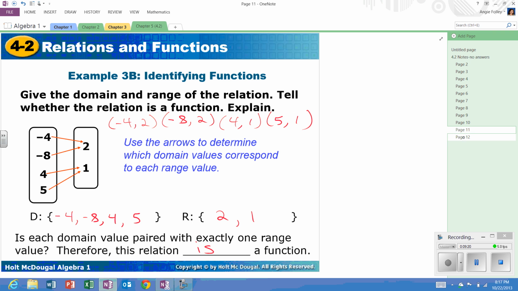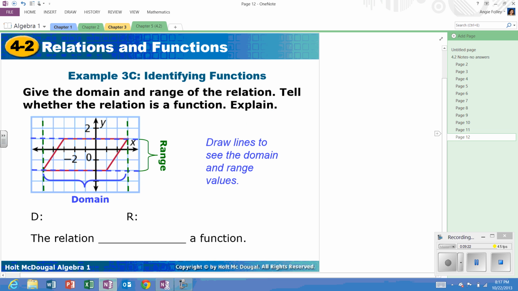All right, now let's look if we can find the domain and range from the graph. Okay, so we're given a graph, okay? And we've got this parallelogram here. And I want to know what's the domain and range. Well, our domain is everywhere that we have our x value. So we have an x all the way from here to here. And if this is our 0 point here in the middle, this x value over here is 1, 2, 3. This value over here is 1, 2, 3, 4, 5, -5.